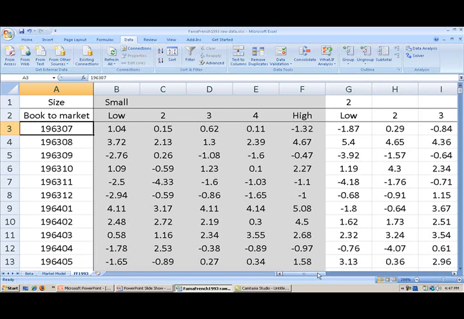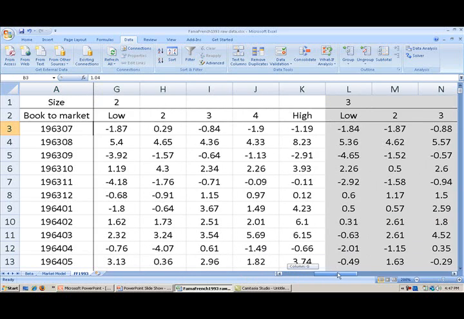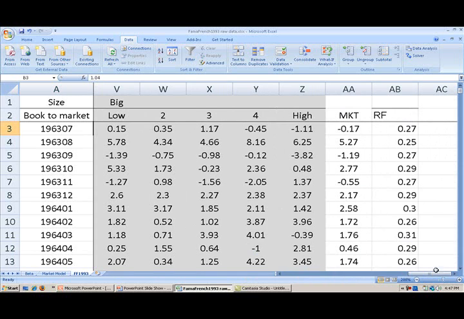When we're thinking about testing the CAPM using the time series test, we know that we need to use excess returns, not raw returns, but excess returns. The data here is raw returns, but we've been given information about the risk-free rate, so we can easily calculate excess returns for the individual stocks or the individual portfolios and the market.